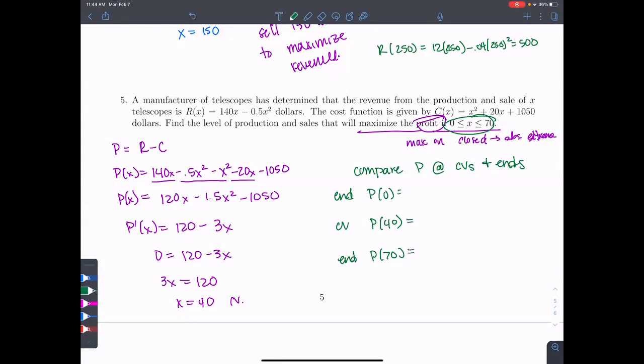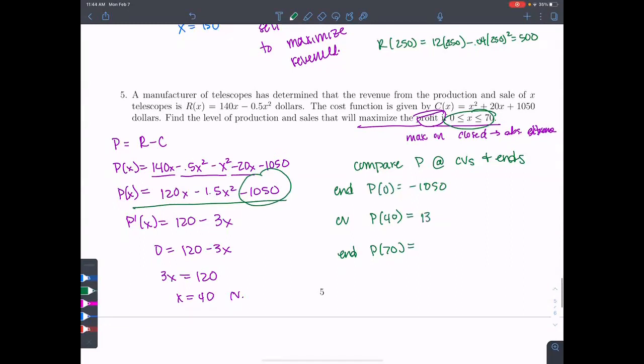So when you plug into the original profit function, you plug in 0, you get negative 1050. When you plug in 40 to that thing, I got 1350. And when I plugged in 70, I got 0. So again, this makes sense.